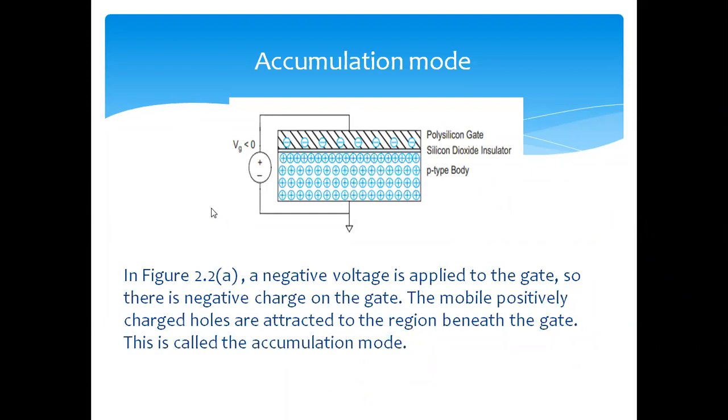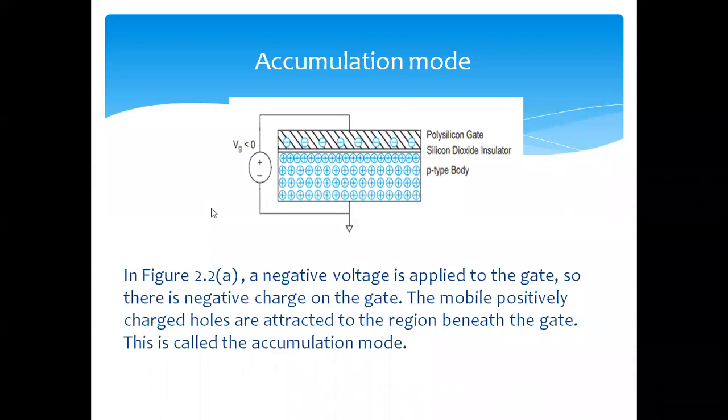Means what? When we apply a negative voltage to the gate, for your easy understanding, you can just assume the MOS structure as two parallel plate capacitance, right? One plate is at the drain and one is at the source.